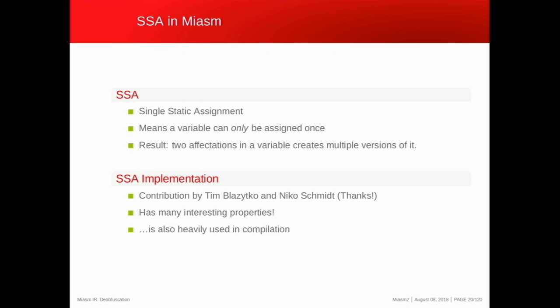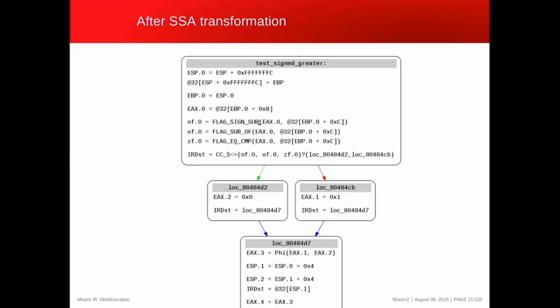And here is the new code. You can see that ESP.0 equals etc., and EAX has multiple versions of it here. Now that we are in SSA form, we can do, for example, constant propagation, but we will do more than this. In Miasm, it's called expression propagation because we try to do more than constant propagation.